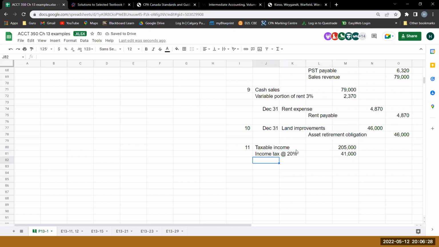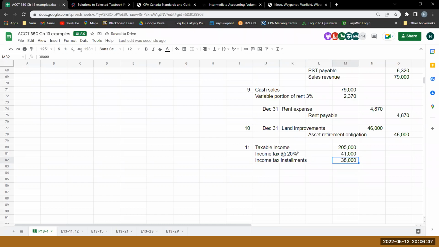Now keep in mind, I've already paid income tax installments: 19,000 on June 30th, and then 19,000 again on December 31st. So I've already paid $38,000 in installments, right?